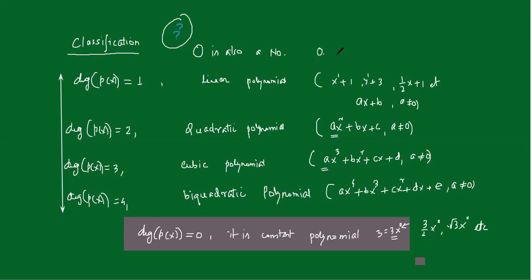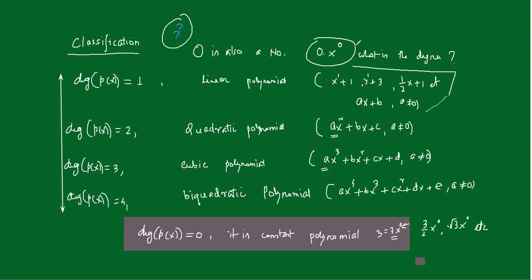In this case, what is the degree? This is a big question. Do you remember what is the degree of a zero polynomial? A question to you. If you can tell me the answer. Any idea? No idea. Okay, no problem.